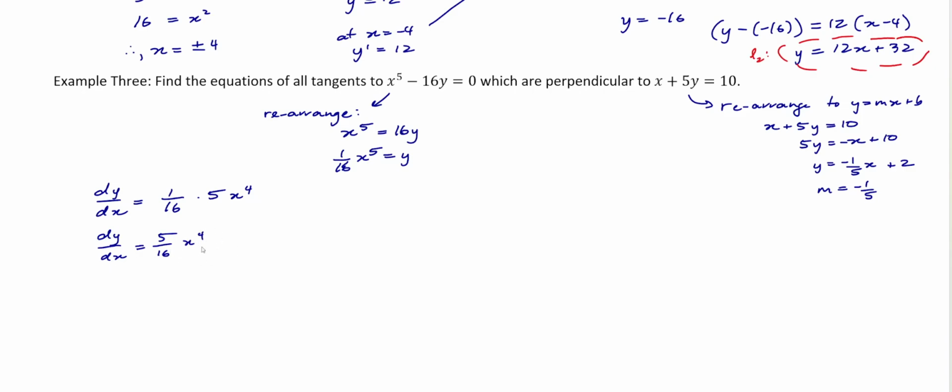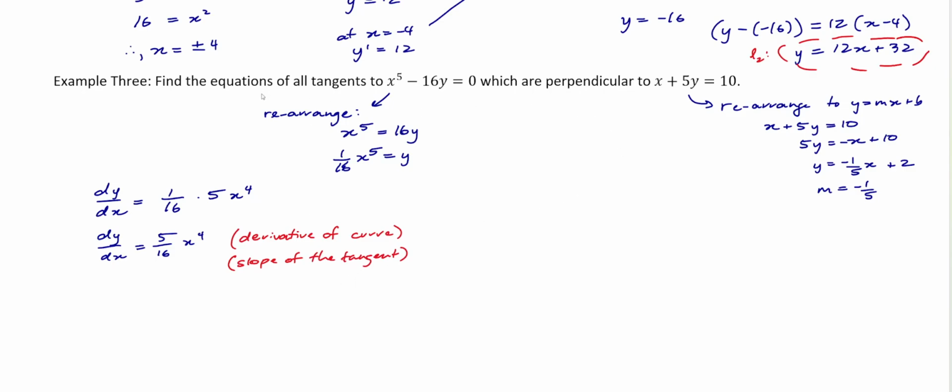Remember, this is the first derivative of this curve right there. And you'll recall that the derivative of the curve is the slope of the tangent. Now, do I have the slope of the tangent?